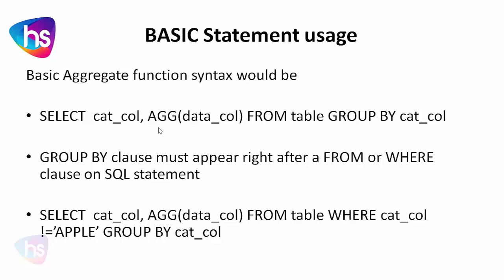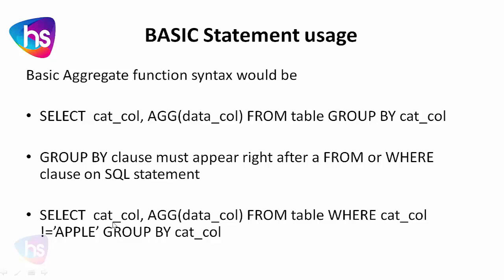These are the functions that come under aggregate functions, along with the name of the column we are going to impact. Then FROM the table name, and GROUP BY if required. The GROUP BY clause must appear right after the FROM or WHERE clause. If we are not using a WHERE clause, the GROUP BY column clause is written right after the FROM in the SQL statement. This is the basic fundamental you have to follow.